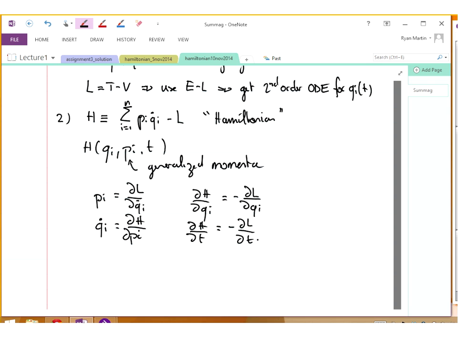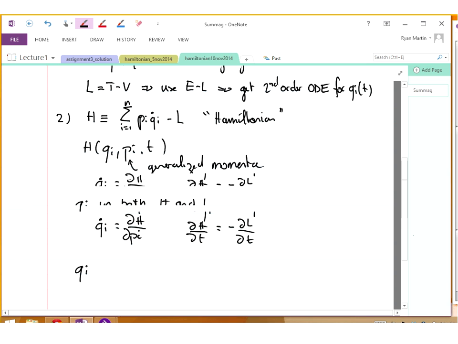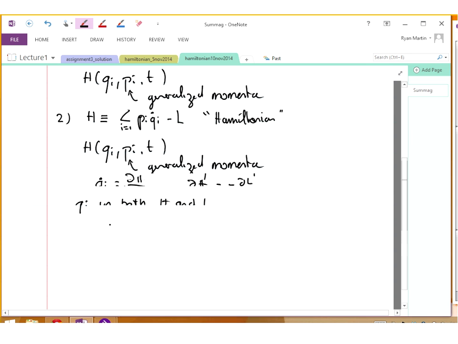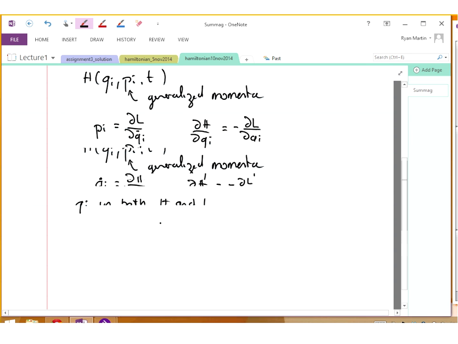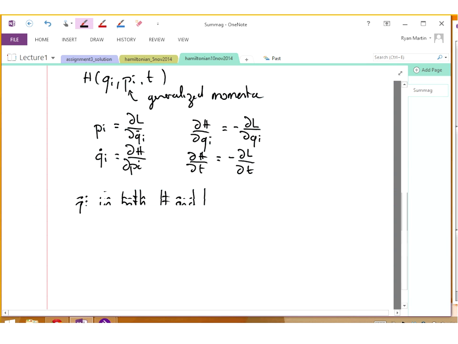So remember here, the q_i's are variables that we keep in both H and L. And then the p_i's, or the q_i dots, are what we called the active variables in the Legendre transformation.